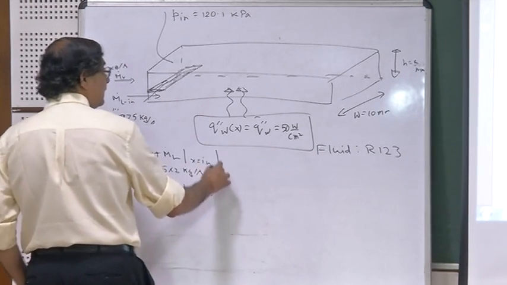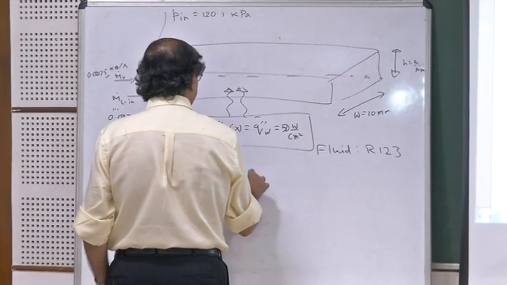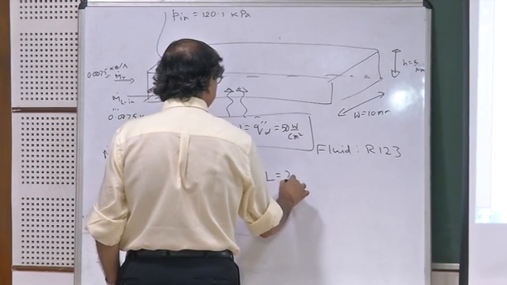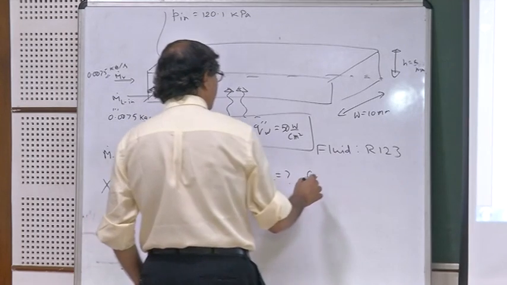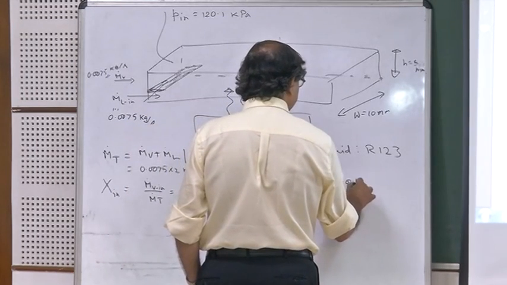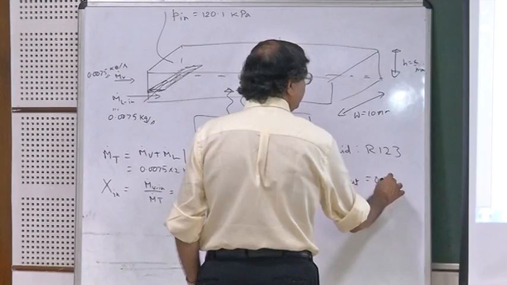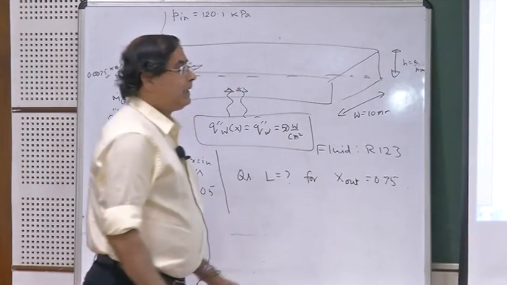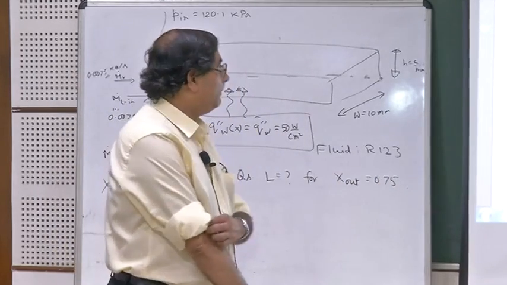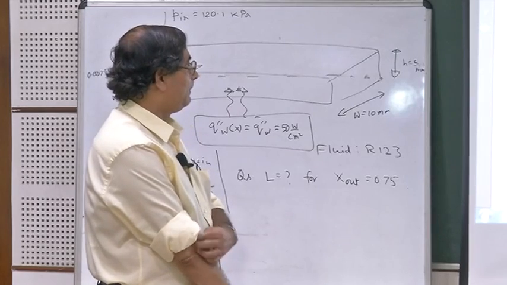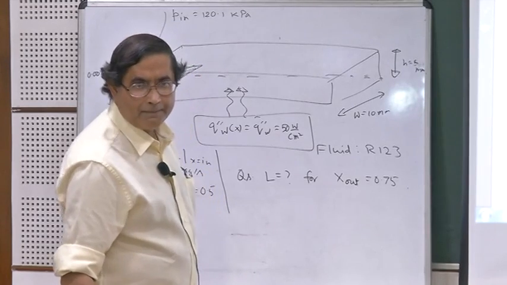So the first question is: L equal to what for X out equal to 0.75? And it is a uniform heat flux method of heating, so that's relatively simple.